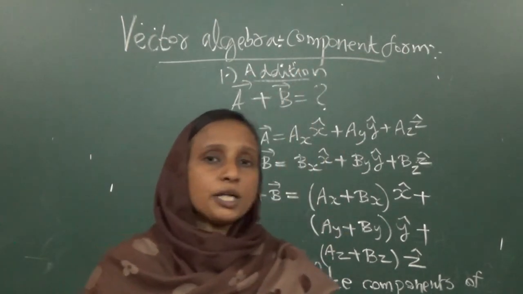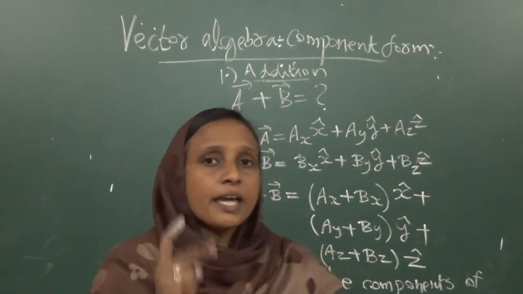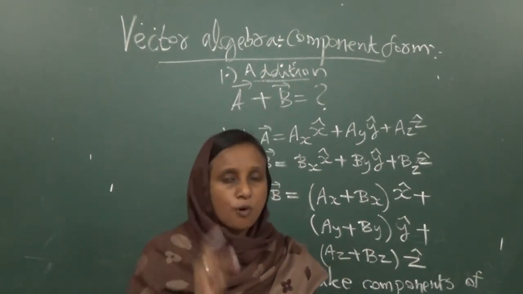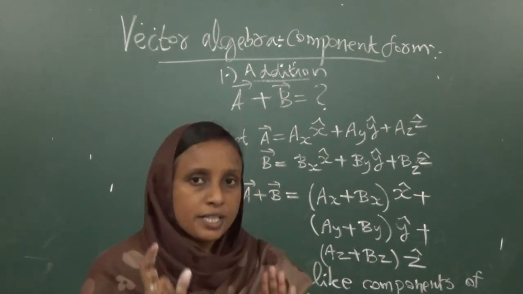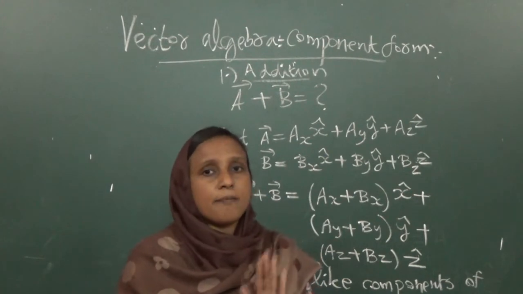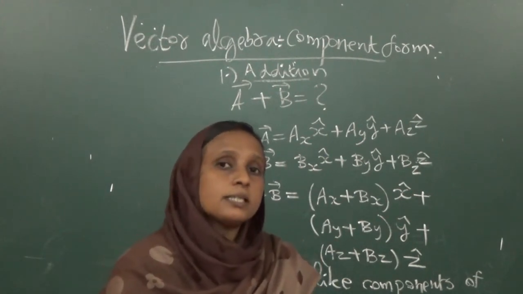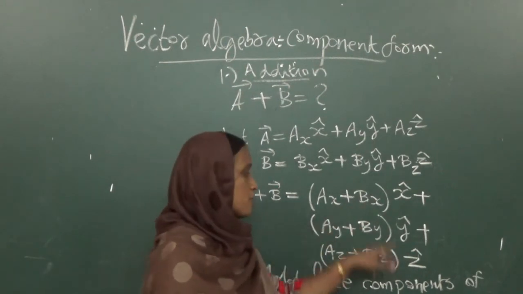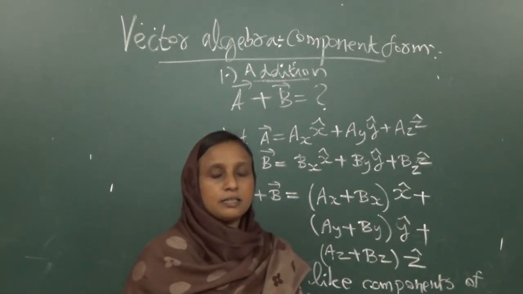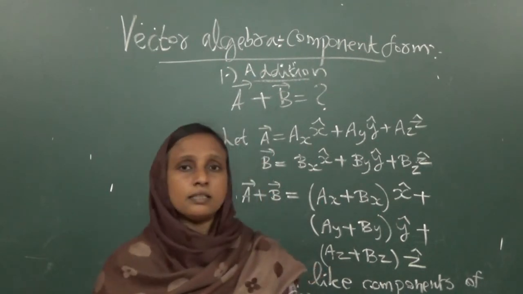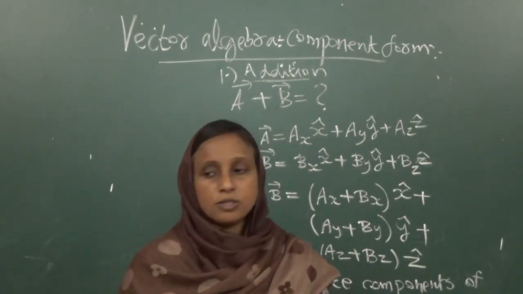If we want to add two vectors, vector A and B, we have to represent them in component form using the coordinate system. Then add their like components. This gives us the resultant vector. So, vector A plus B is given like this. Hope you can understand how to write all these things.